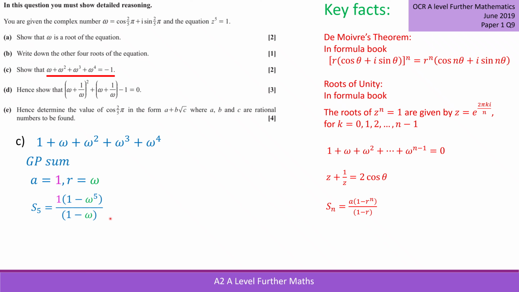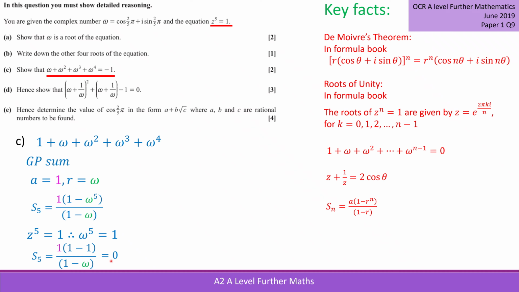From here, we have got to put the values into the formula. But we know at the top that Z to the 5 is equal to 1, so that means omega to the 5 is equal to 1. I can substitute that in, leaving my numerator as 1 take away 1, and we know 1 take away 1 equals 0.